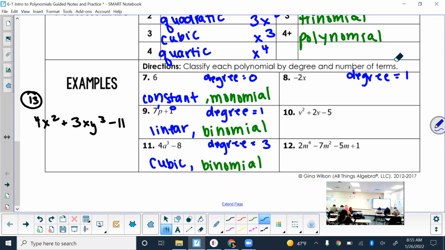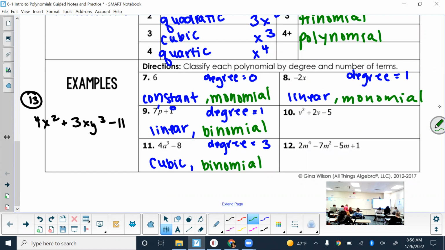So good, the overall degree is 1. That makes this linear. So be comfortable if it says classify by degree, be able to say either first degree or linear, because you might have both in your answer options. And then classify it by term. Monomial is correct.